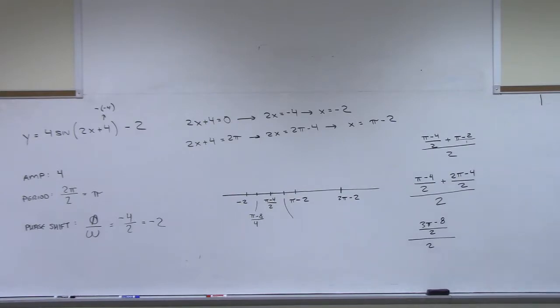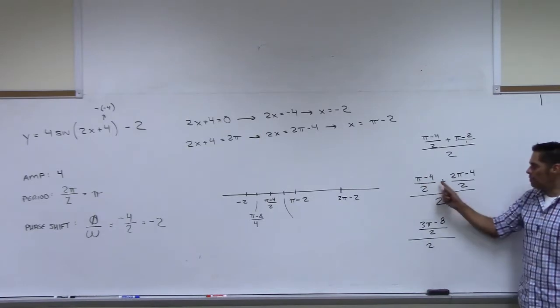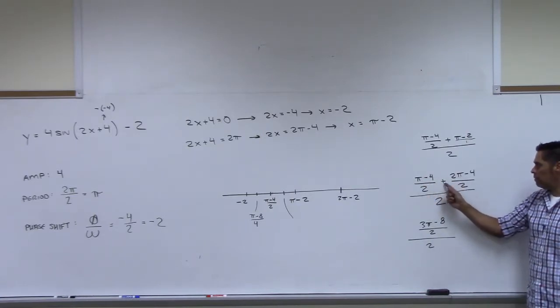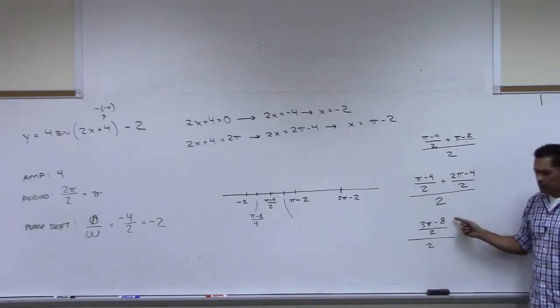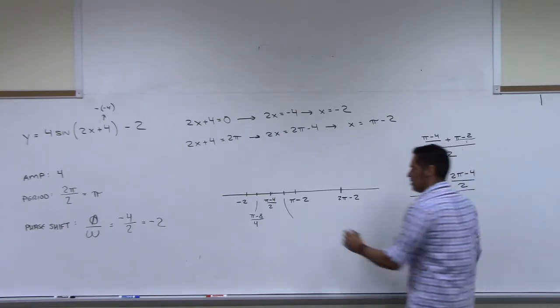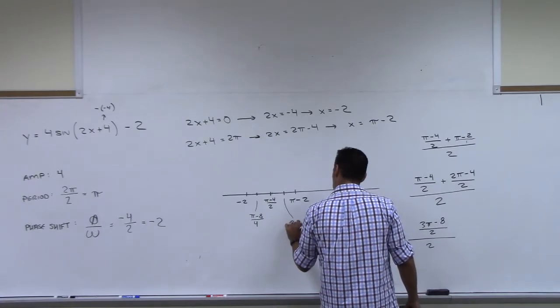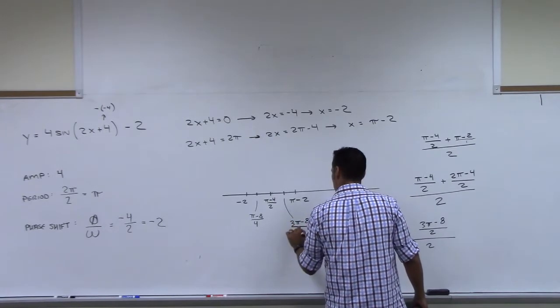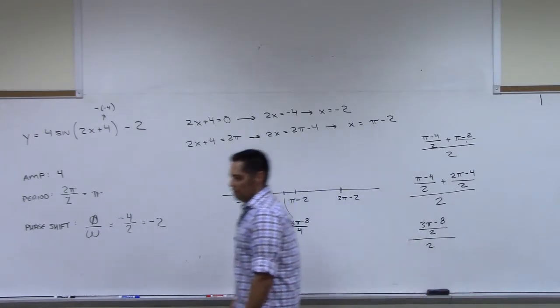So it's over 4. Pi plus 2 pi is 3 pi. Negative 4 plus negative 4 is negative 8. Divide by 2, divide by 2, so it's divided by 4. So that's this one: 3 pi minus 8 over 4. Okay.